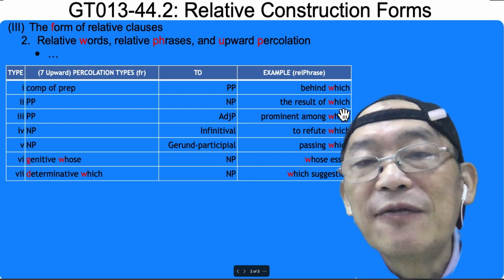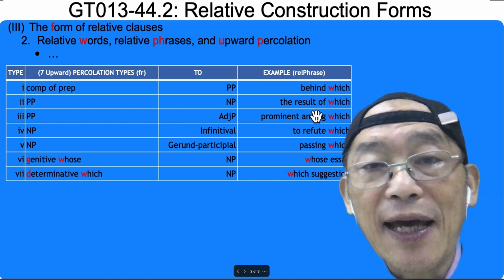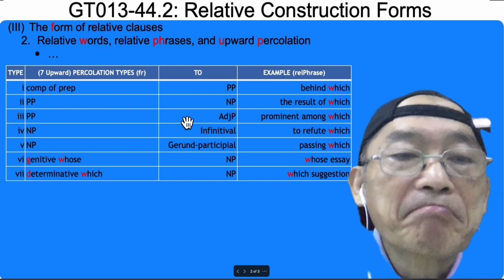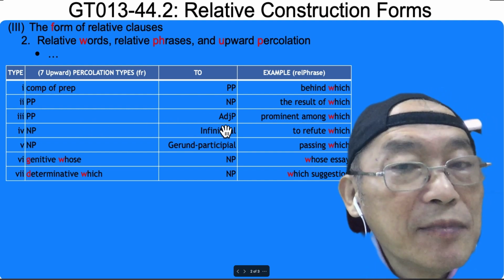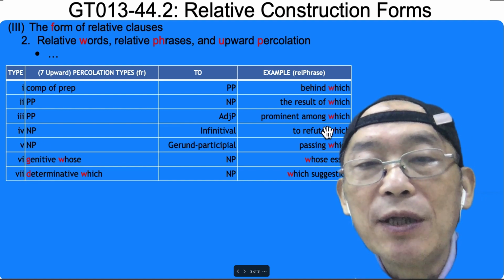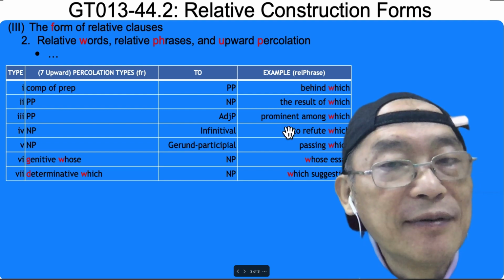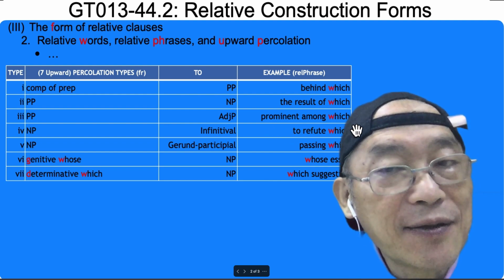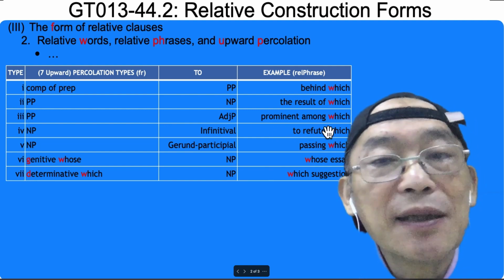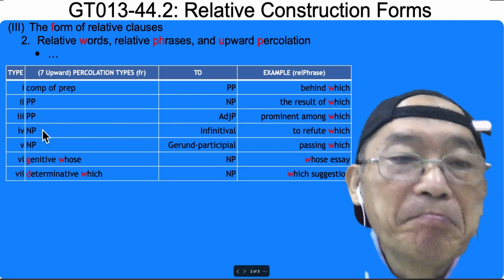So, from PP to noun phrase. Yeah, this is the head. So this whole thing is a noun phrase. From PP to adjective phrase. Okay. From PP, among which, to adjective phrase. Yeah, the head is adjective. So this whole thing is adjective phrase. Yeah, prominent among which. Yeah, type 3 percolation.